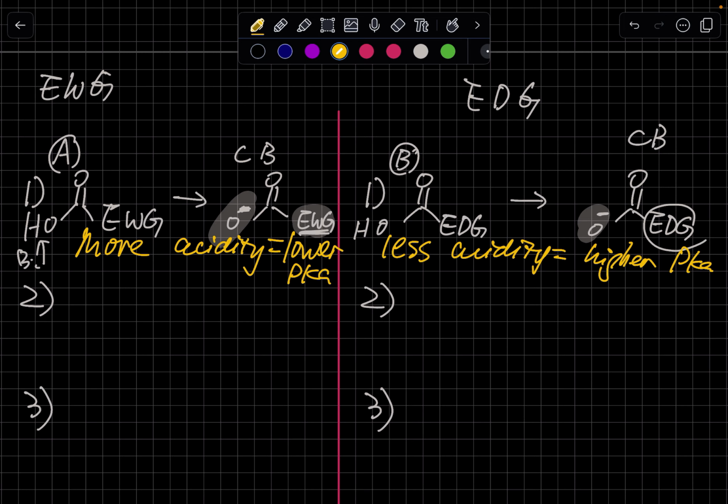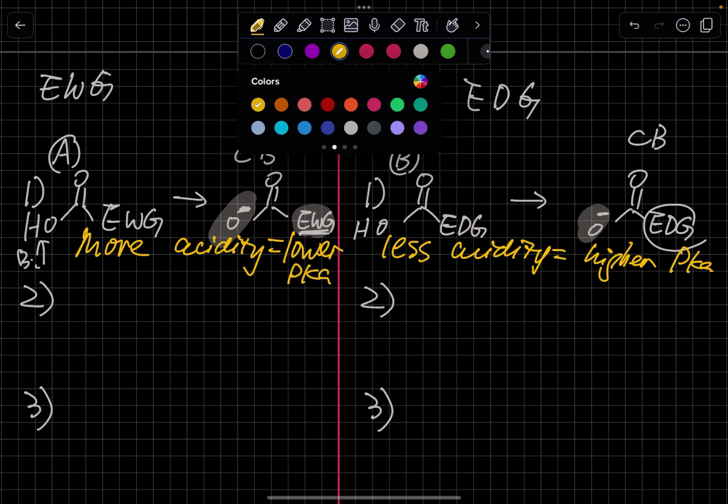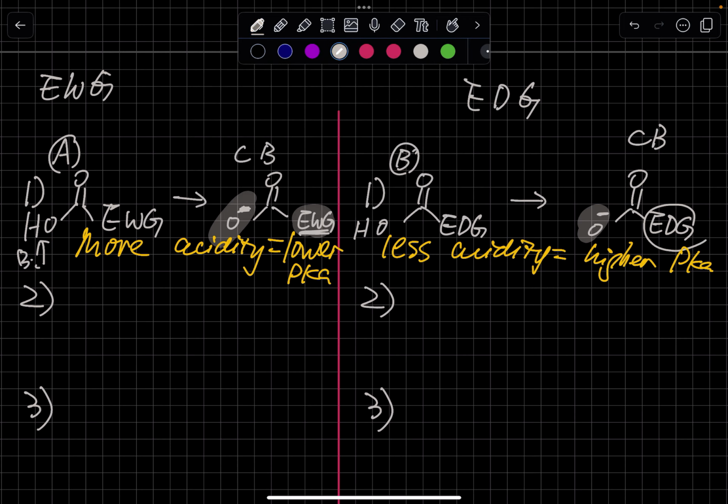And then secondly, let's look at electrophilicity. Let's say I have an electrophile here, and I have an electron withdrawing group connected, compared to an electron donating group that's connected.